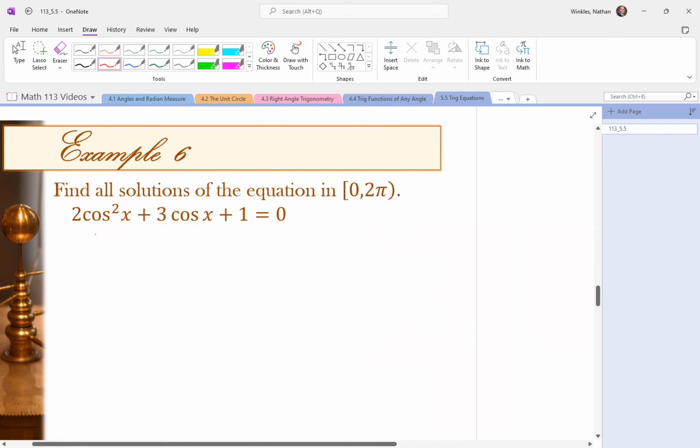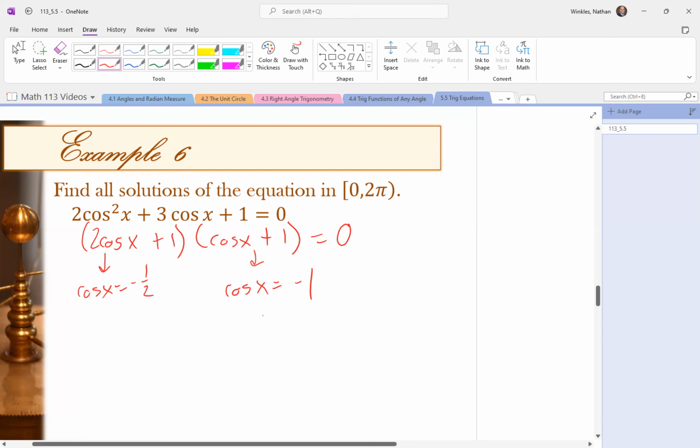So if we work this at face value, this factors to 2 cosine x plus 1 and cosine x plus 1. We can set each one of those equal to 0 and solve. So the first one gives us cosine x equals negative 1/2. The second one gives me cosine x equals negative 1.